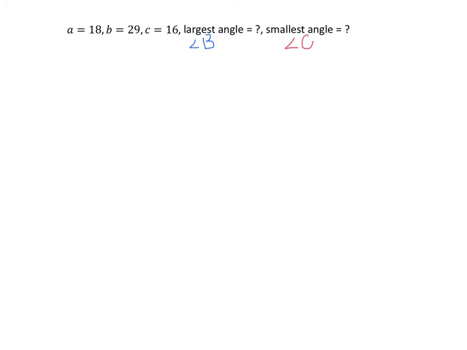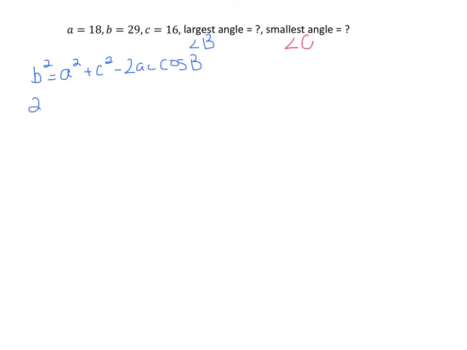So we'll first start off by looking at angle B. We don't really have a method to solve for angle B, so we have to do a lot of algebraic manipulation to make that happen. So we'll start with the law of cosines. The one that we know will have angle B in it starts with b squared. So it's b squared is equal to a squared plus c squared minus 2ac cosine of b.